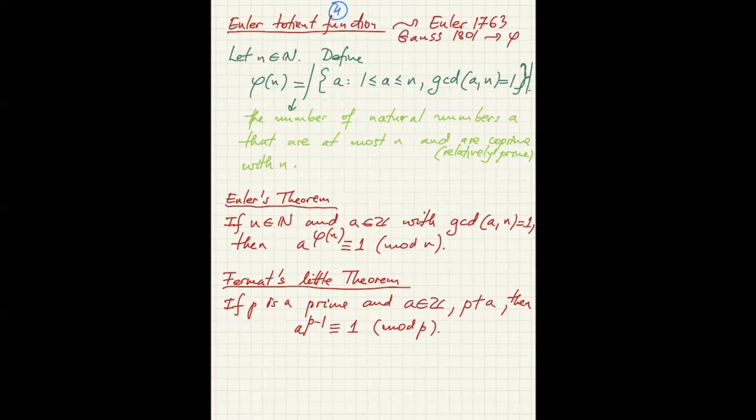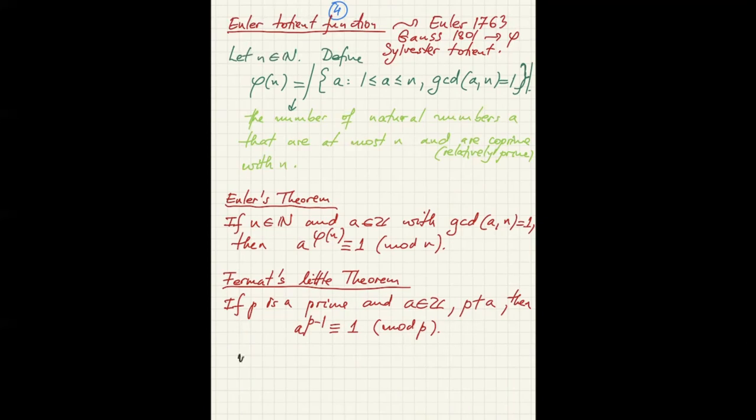And another famous mathematician, Sylvester, used the name totient for it. It comes from Latin, where tot means so many: so many numbers that are less than n and are co-prime with n. So that's a little bit of history.